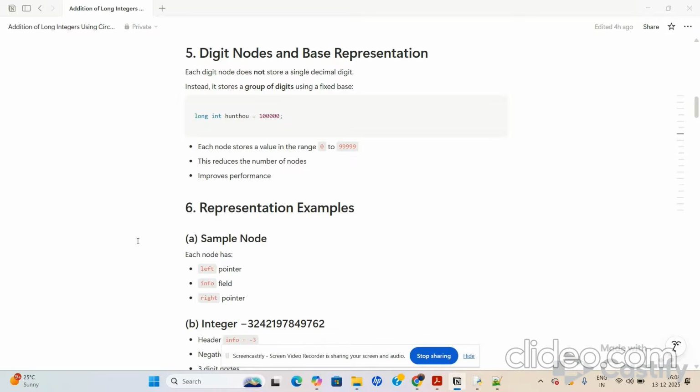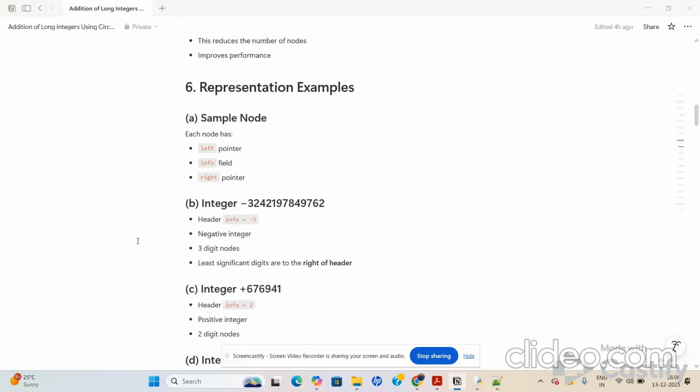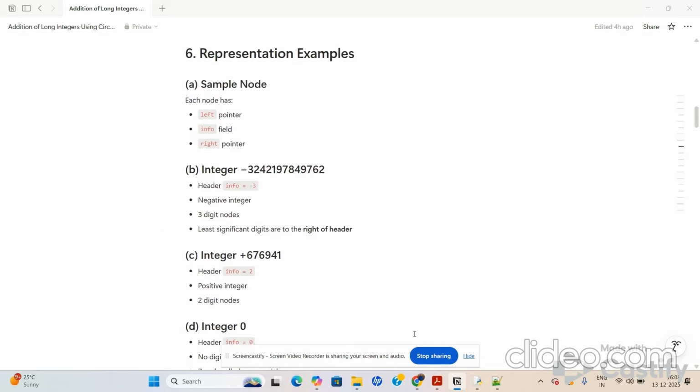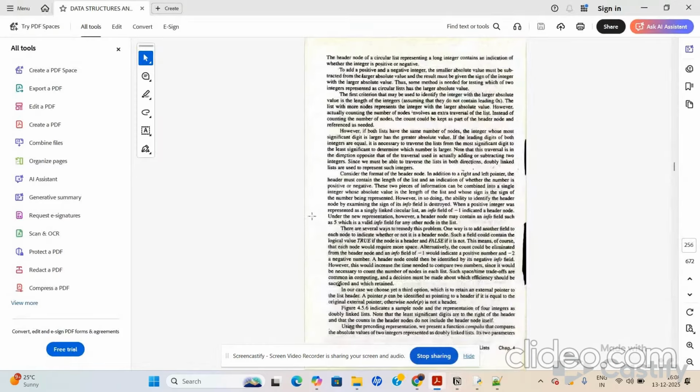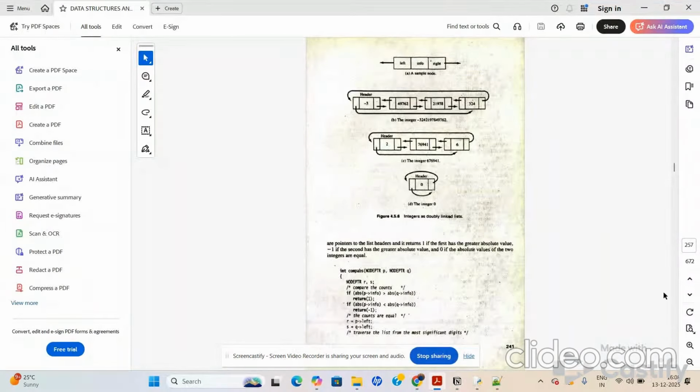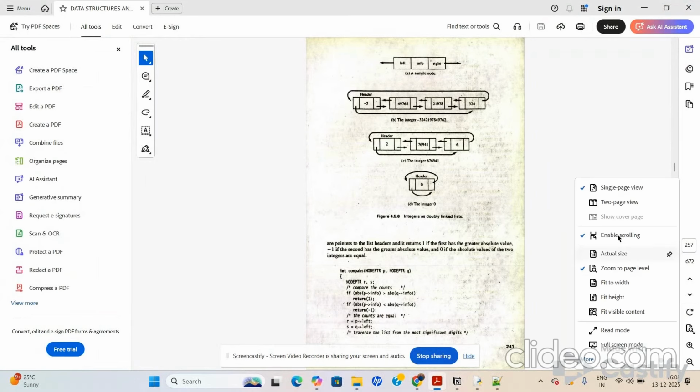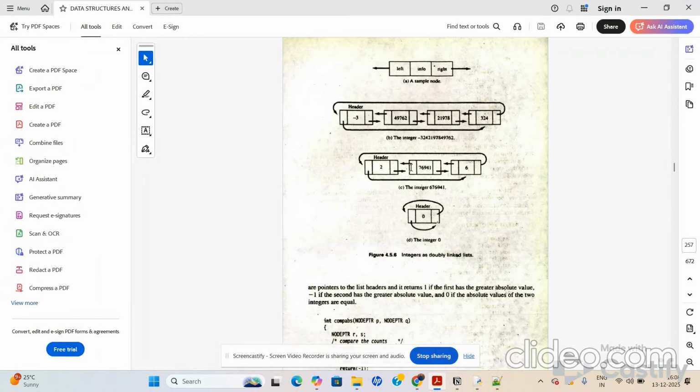Okay, so if you have seen the textbook, you have this example, right? So how do we exactly represent it?